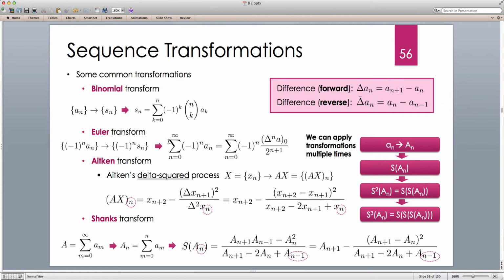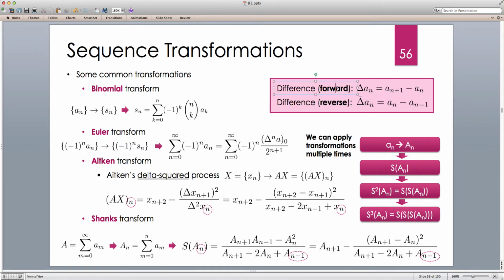And we discussed multiple transformations, and the two famous ones were Aitken transform or delta squared process, and then the Shanks transform, which is basically the same as Aitken, all right? And Aitken takes the sequence and then calculates the first difference and the second difference, so delta of xn plus 1 and delta of n.